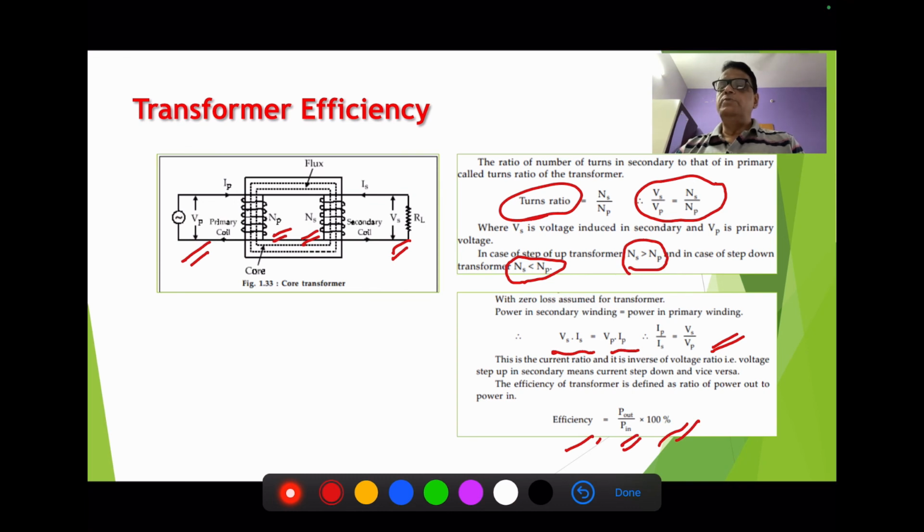One can easily observe that the current ratio is the inverse of the voltage ratio. That is, if the voltage steps up in the secondary, the current steps down, and vice versa. The efficiency is defined as the ratio of the output power to the input power, and using this formula we can calculate the efficiency of the transformer.